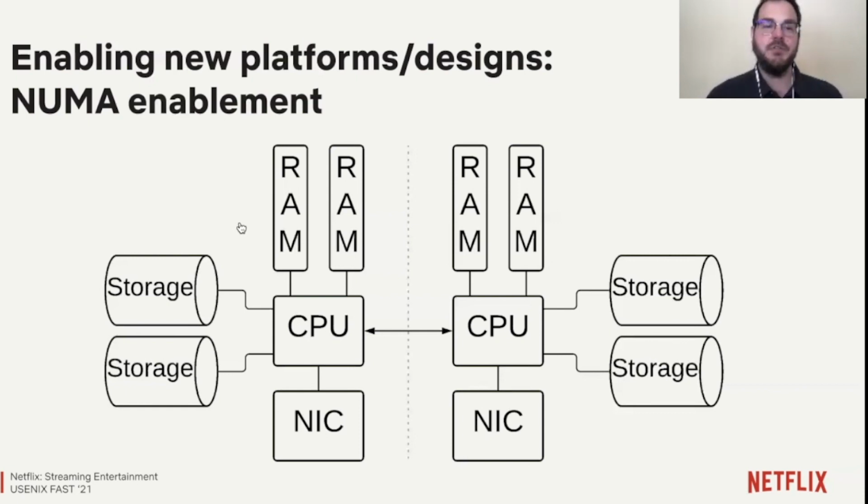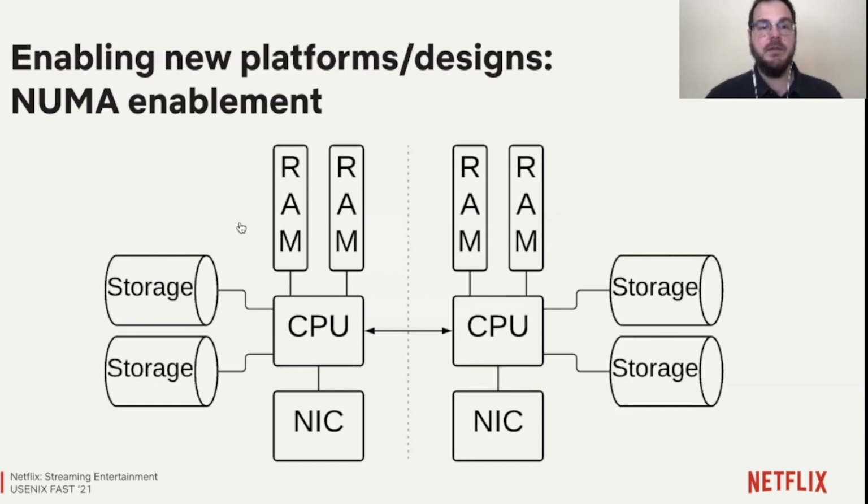And so when a session first arrives on a NIC, we pin it to that NUMA domain, whatever NUMA domain that NIC is on. And then we try to keep all the state associated with that session local. So we'll keep the TCP session state in the RAM in that NUMA domain, and we'll pin it to a web server process running on the CPU in that NUMA domain. And we'll try to keep all the state local.